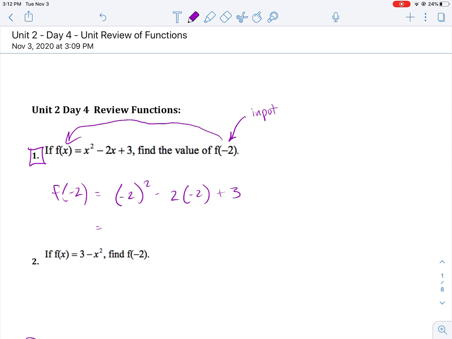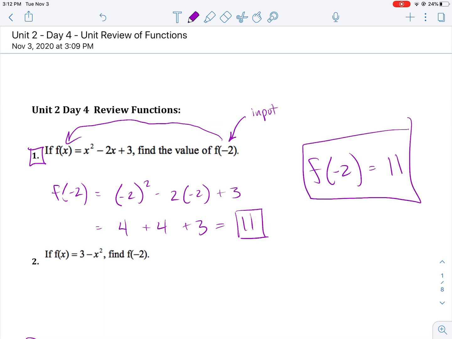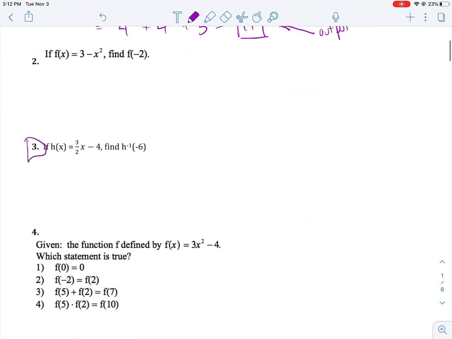And so I get 4. This one gives me a plus 4 plus 3, and our answer is 11. So f at negative 2 is 11, is how you would interpret that. When our input is negative 2, our output is 11.